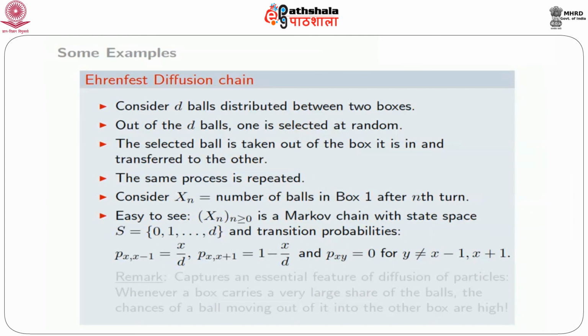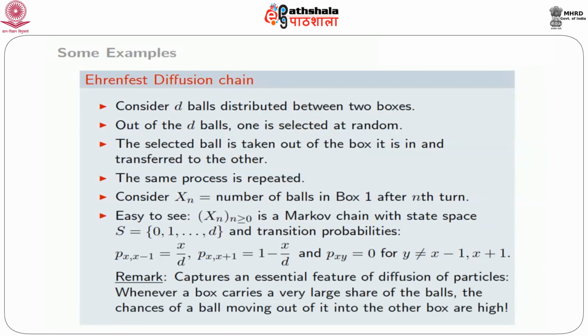By the same kind of argument, Px,x plus 1 is 1 minus x over d, and of course from x transition to only x minus 1 or x plus 1 is possible. That's what it says: Pxy is 0 for y not equal to x minus 1 or x plus 1. As I said, this is a very important model in physics.